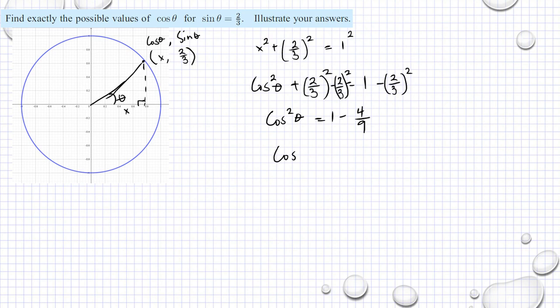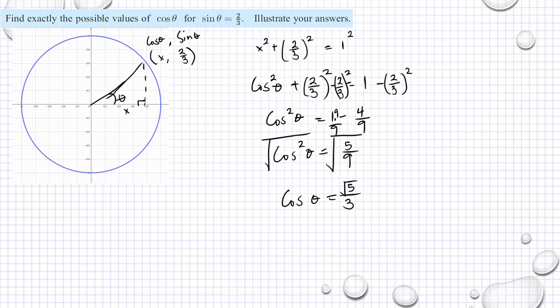Then cosine squared theta is equal to 5/9 if we expand this so that we have the same denominator, and then we take the square root of both sides of the equation. Then we have cosine theta is equal to the square root of 5 divided by 3.